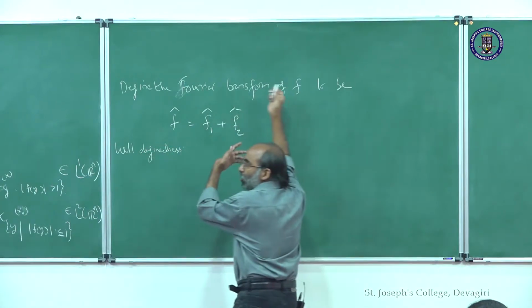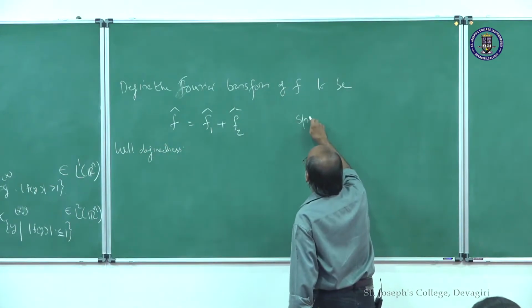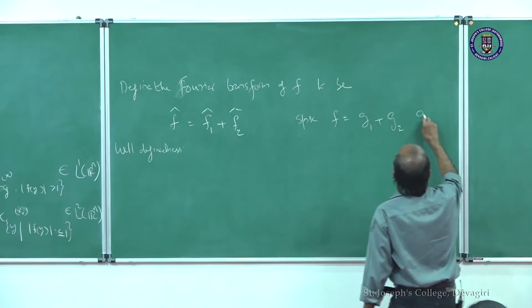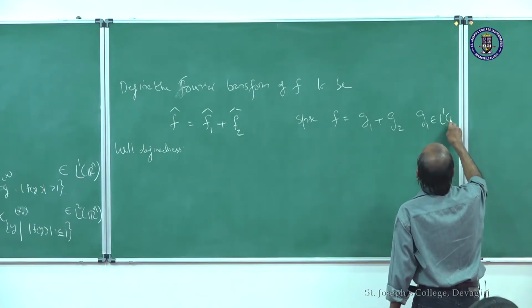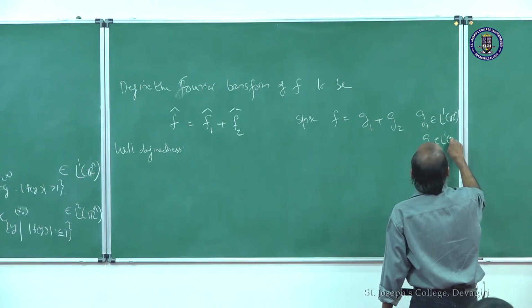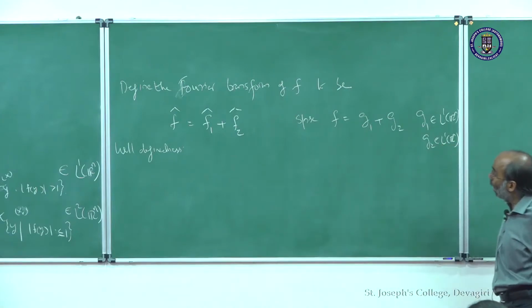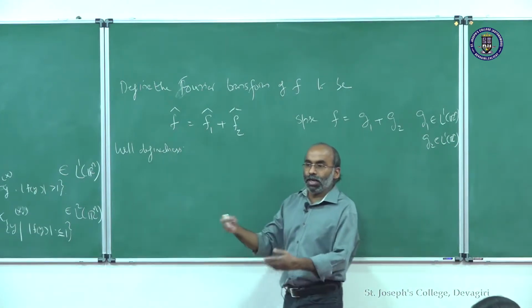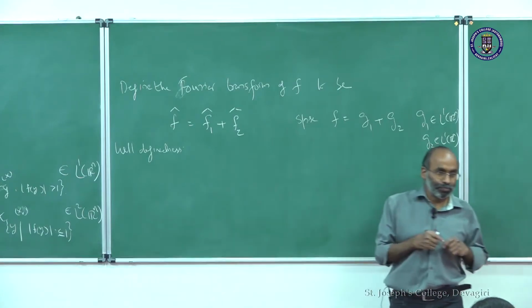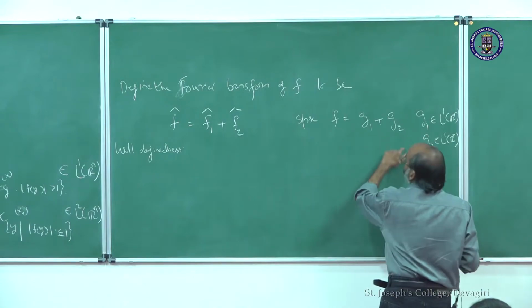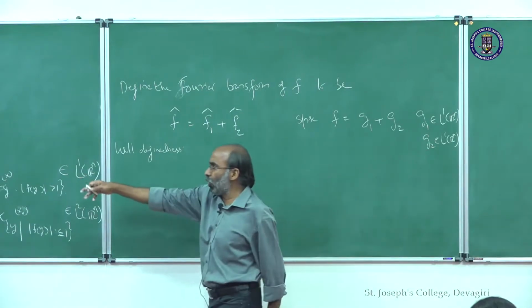So, let us take another splitting. Suppose f is equal to g1 plus g2, where g1 is in L1 and g2 is in L2. I want to say I will get the same result here. That is what well definedness means. So f is equal to g1 plus g2, but f is also equal to f1 plus f2.